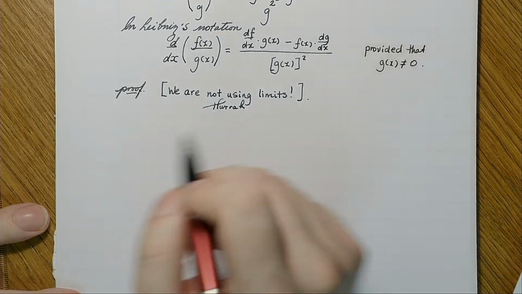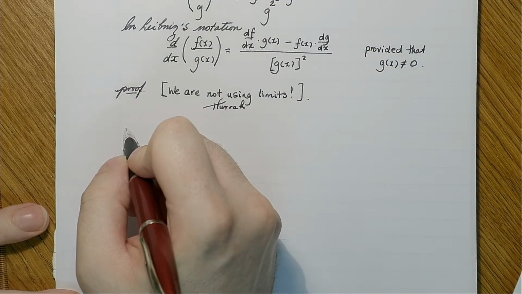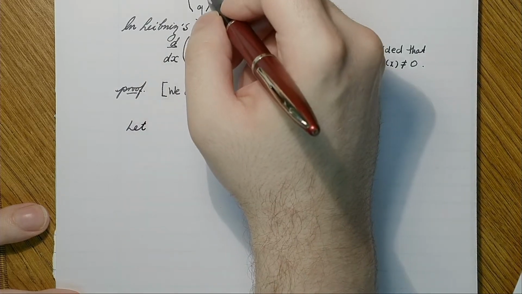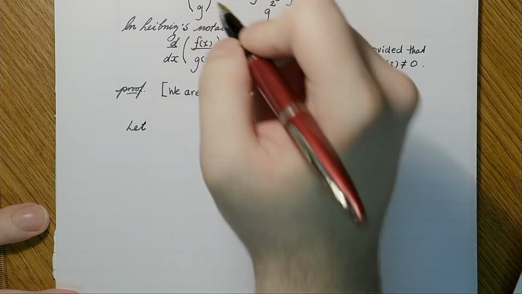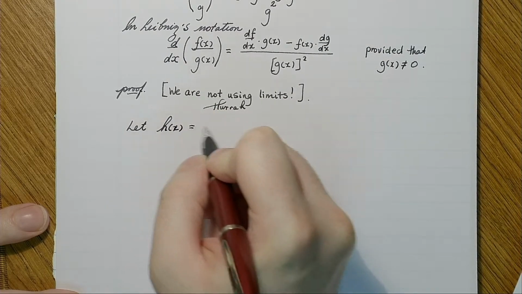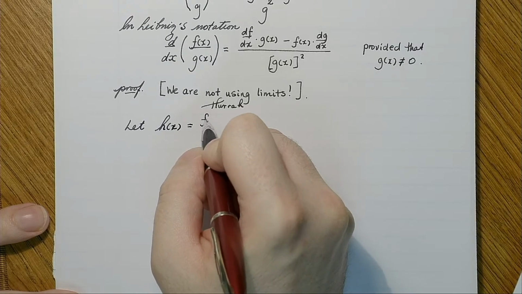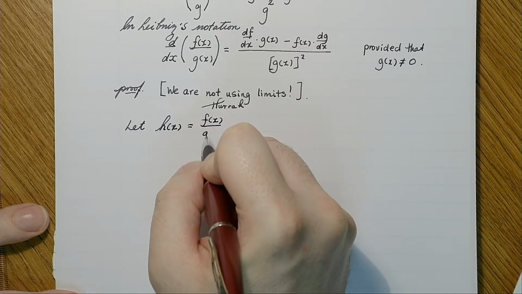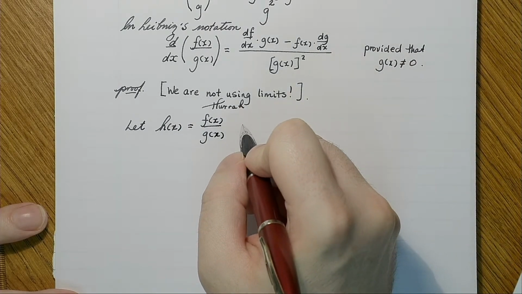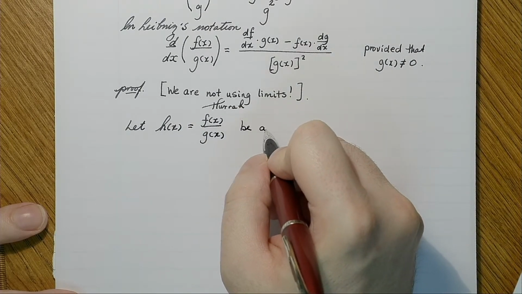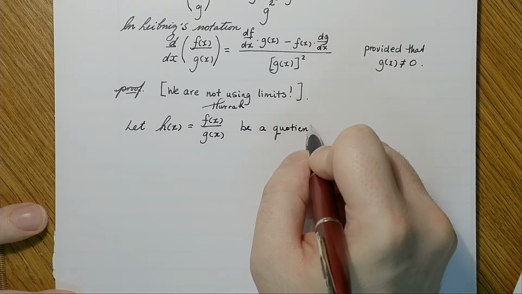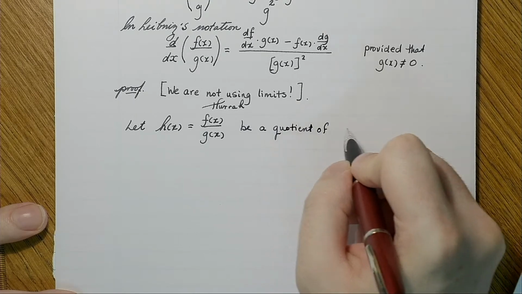And that's what we're going to do. So what we're going to do is we're going to call this f and g, we're going to call that like h. So this is a quotient of differentiable functions.